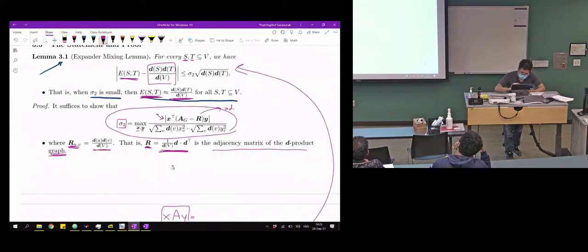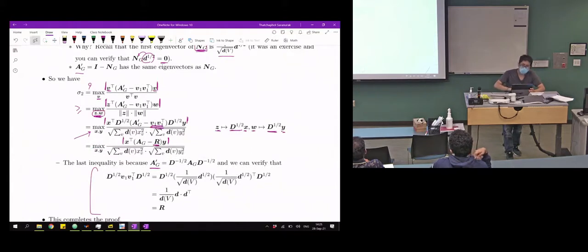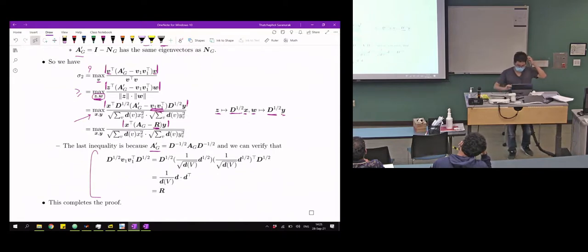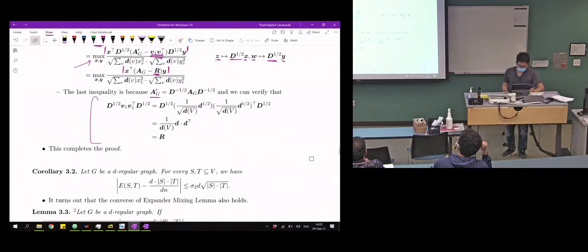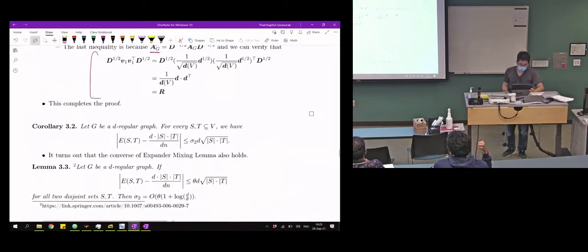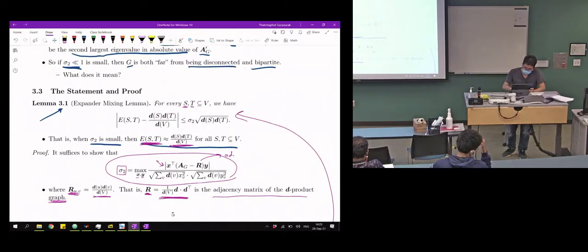So this is why I put this thing here. That is just some math, but the point is these two terms are close to each other within this factor, and this factor will be negligible if sigma 2 is very small.